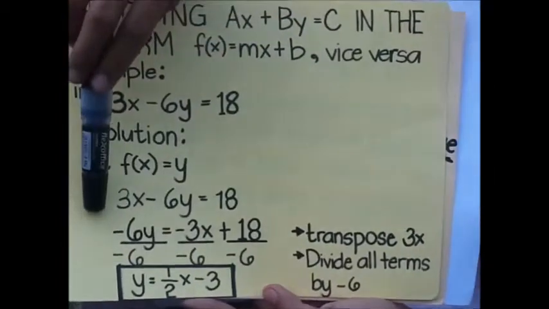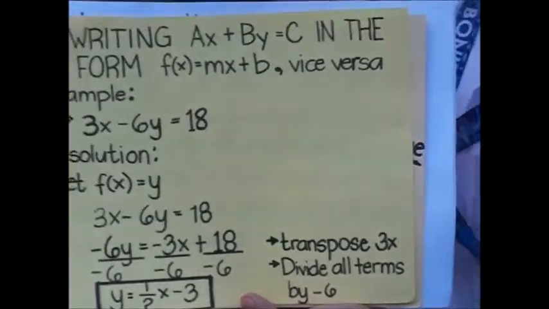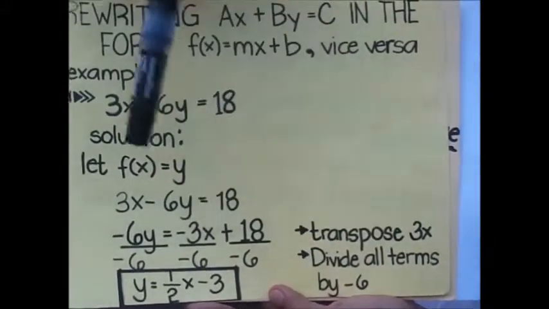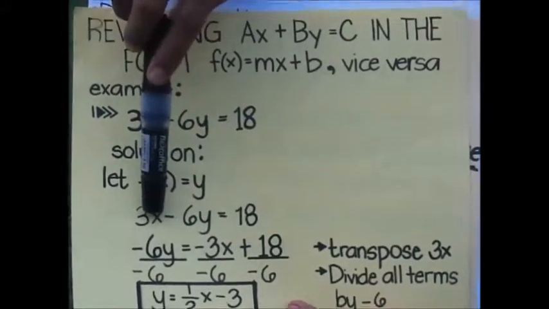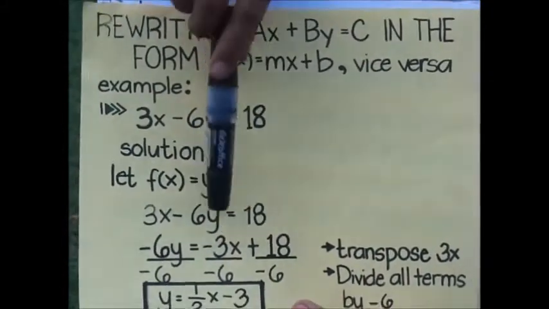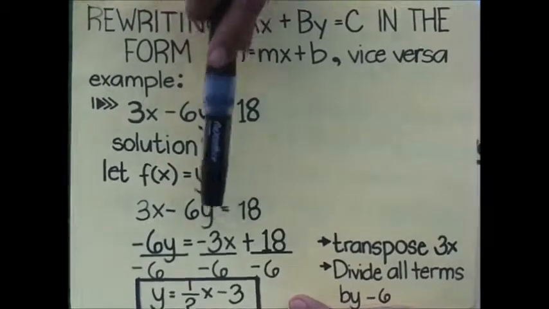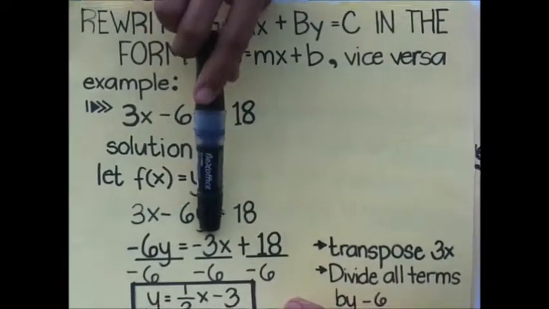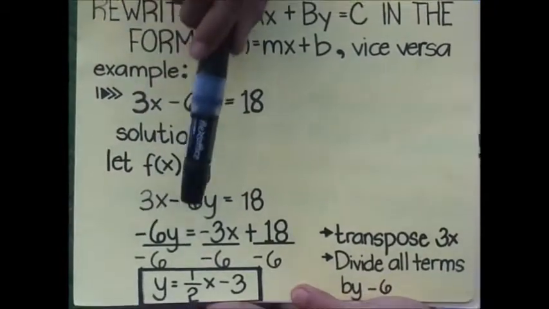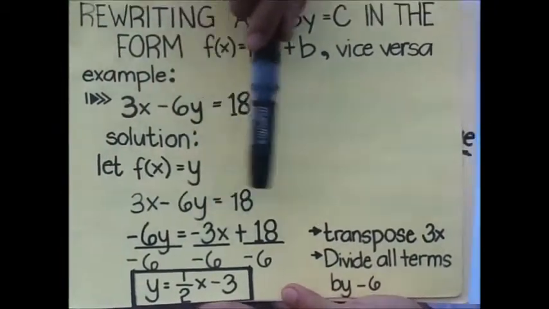First, we must transpose 3x to the other side. So from here, we will transpose this to the other side. If we transpose 3x, its sign will be changed. So negative 6y is equal to negative 3x plus 18.